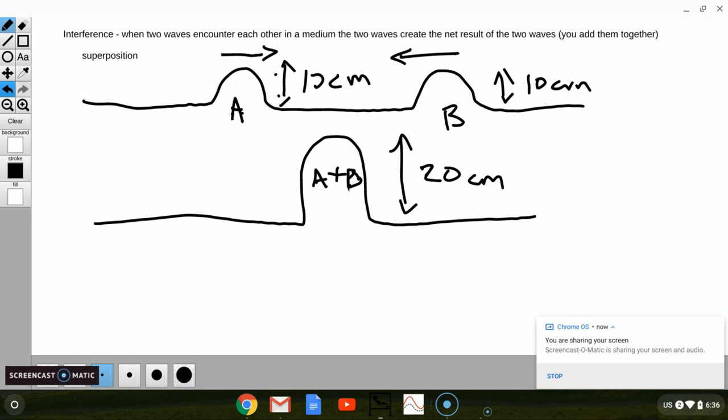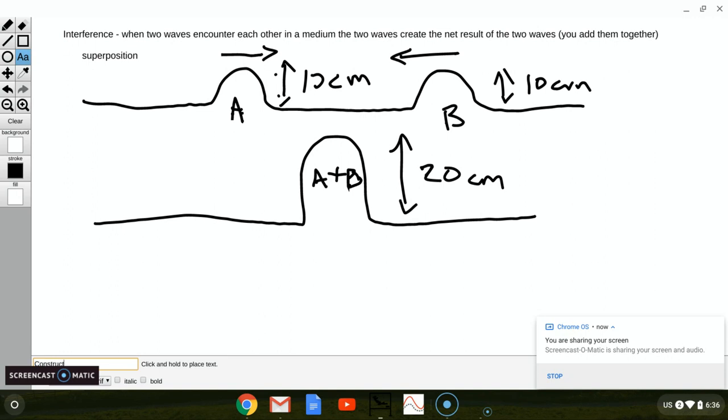So this is called constructive interference. Okay, and I'll just put that definition down there for you.